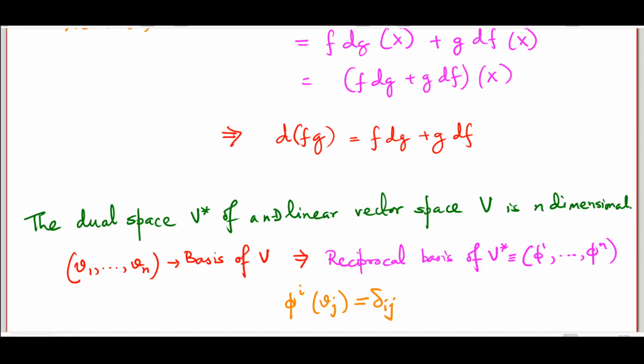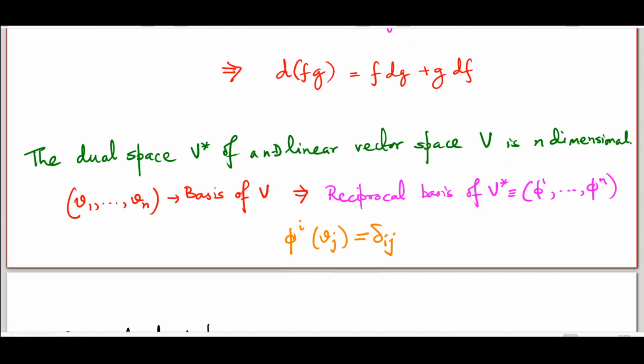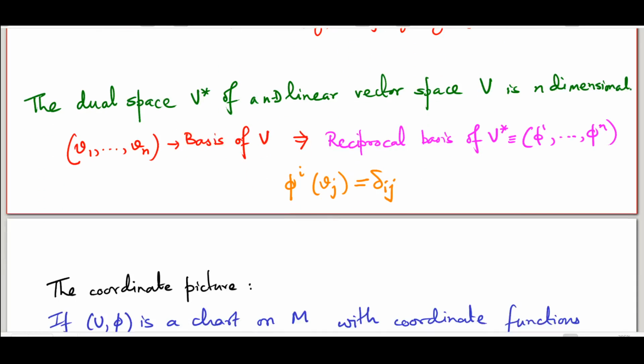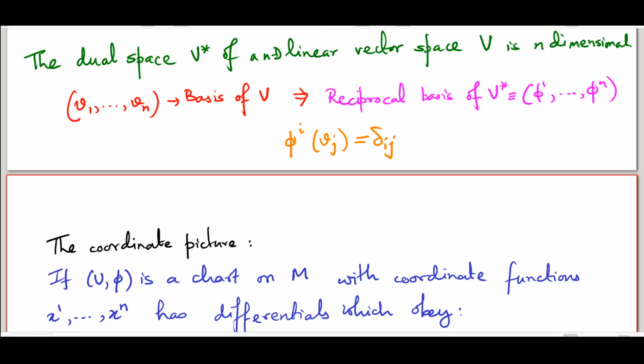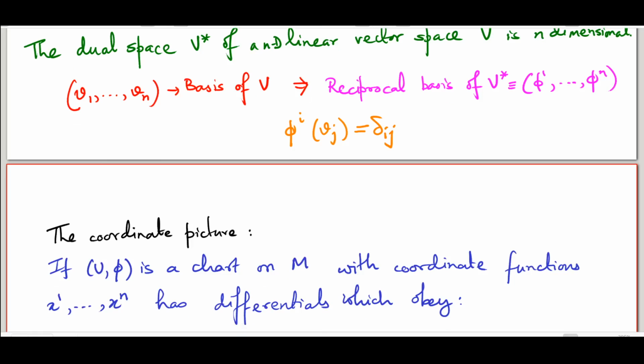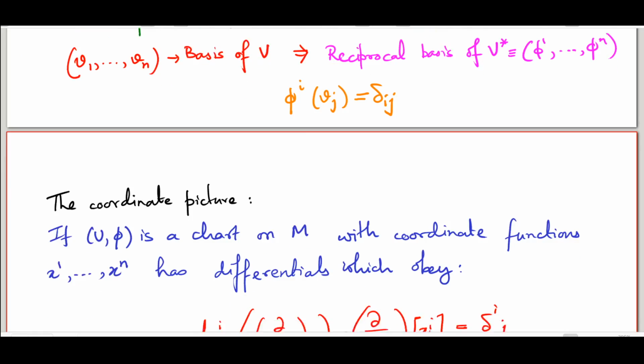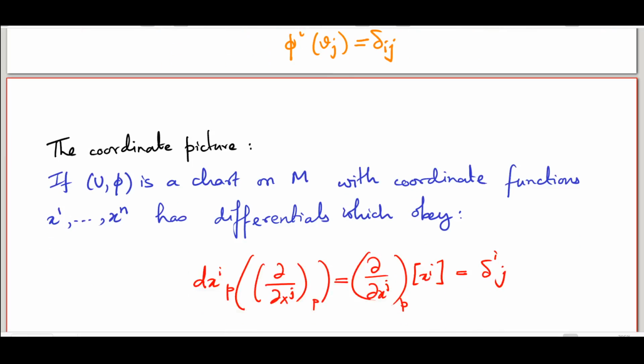With this background, let us go into talking about the coordinate picture for covectors. If (U, phi) is a chart on our manifold M with corresponding coordinate functions x1, x2 up to xn, then the coordinate functions will have differentials dx^i at a point P, which will act in the following manner.